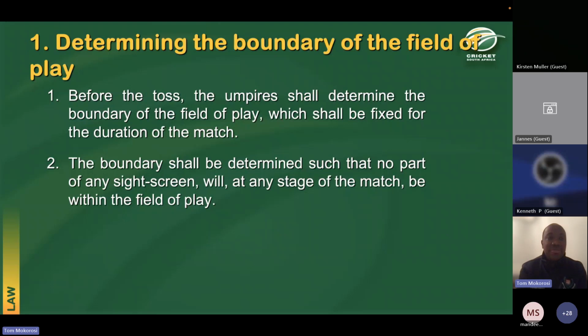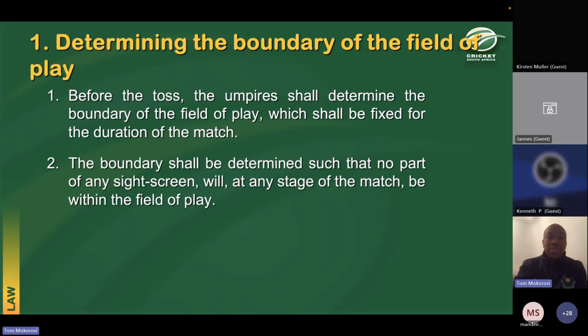And similarly, even for a T20 or a 10 over per side match, a T10 match, the boundary cannot change from one innings to the next. It needs to be fixed for the duration of the match.